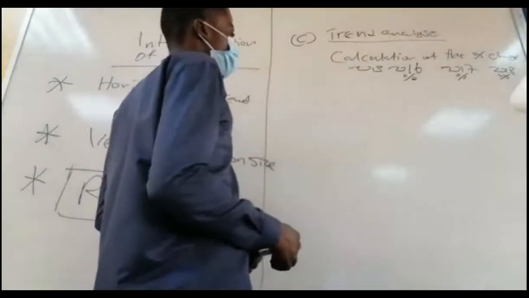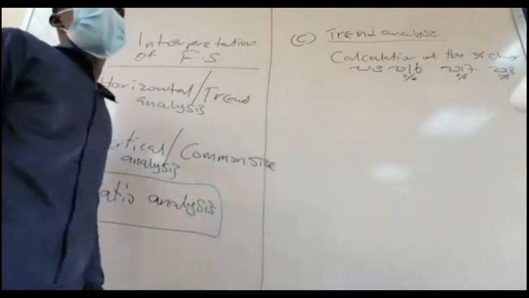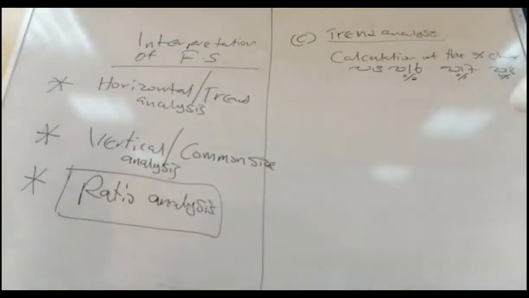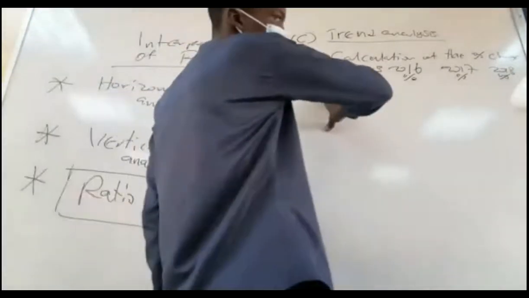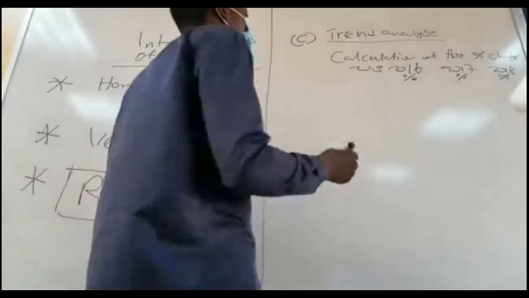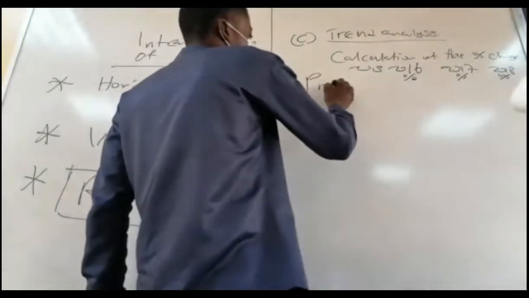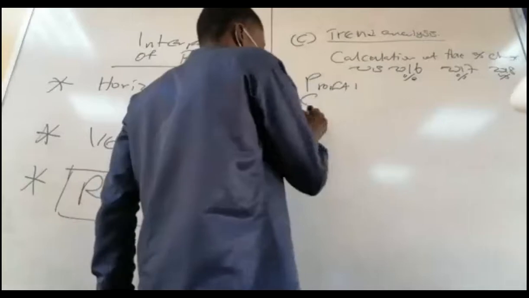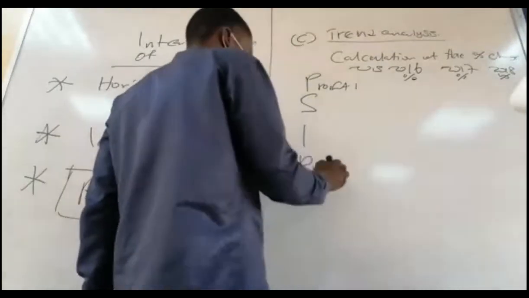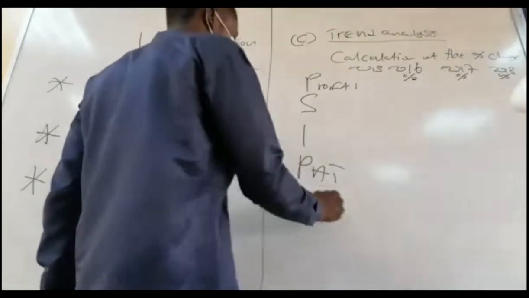So if you are calculating all the items given to you, if it's sales, if it's profit and loss, you do for all. This is the financial position. This is just one question, right? Just one financial statement. Some of the financial statements, you have P and L. So profit or loss, you do from sales up to profit after tax or the OCI. Then you come to the financial position.